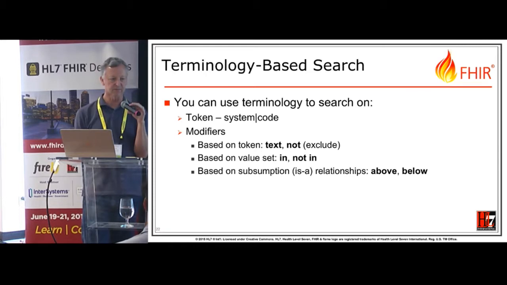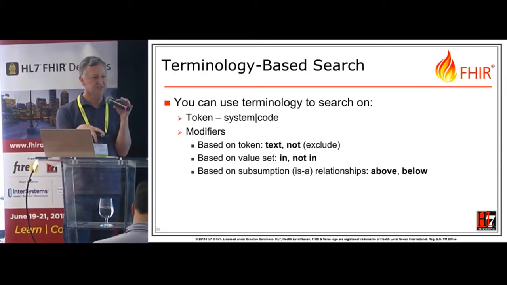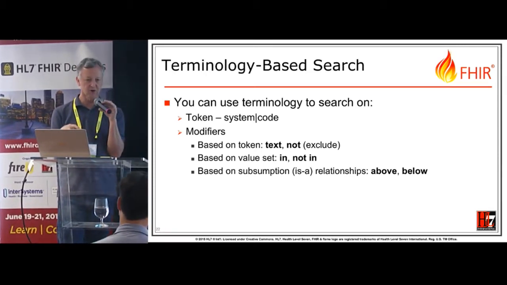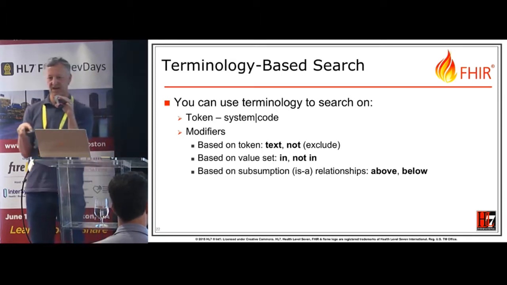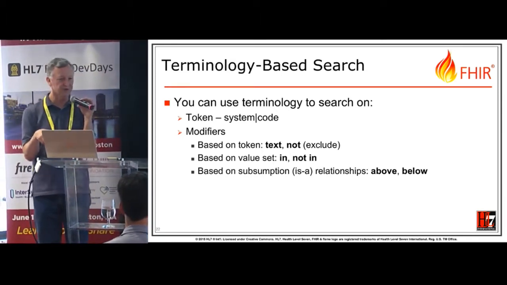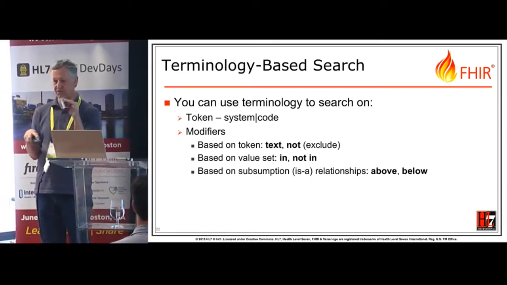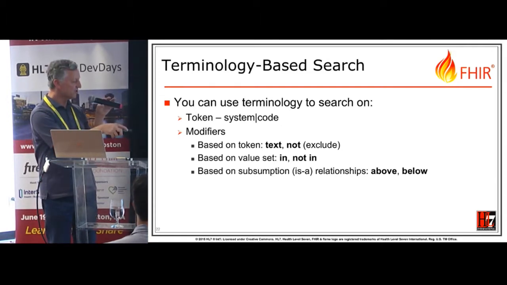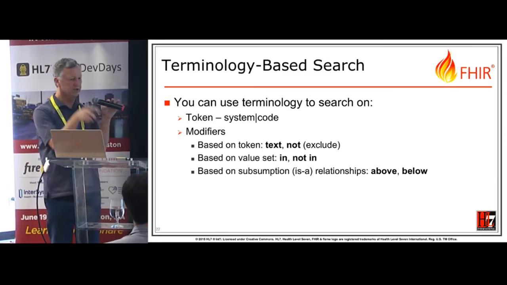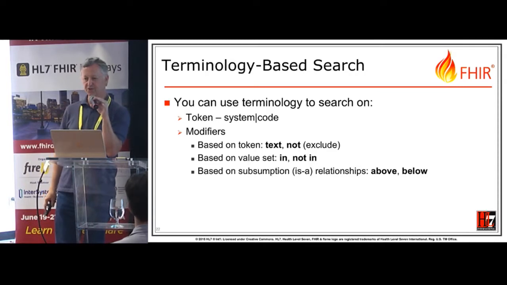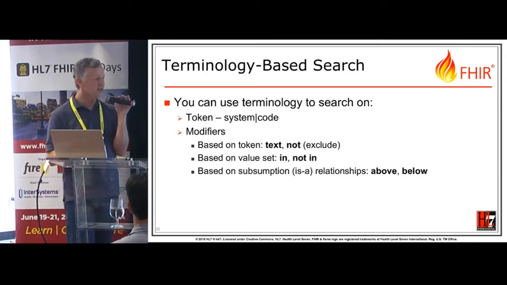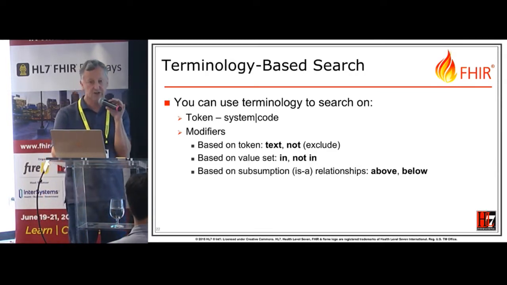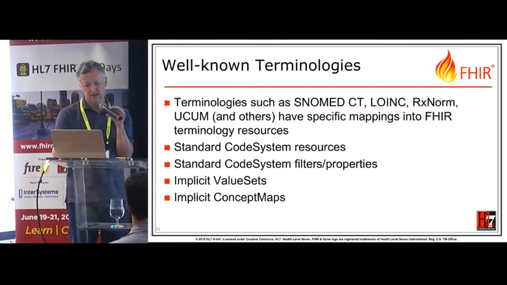Say you're looking for all pneumonias, but SNOMED has about 200 codes for pneumonia or something, and you want to find all of them. You can use a below search with the code for pneumonia, and if your system supports the SNOMED CT hierarchy, it should be able to find all the observations, or all the condition resources, that have that.